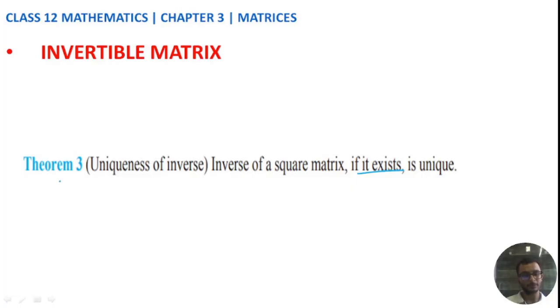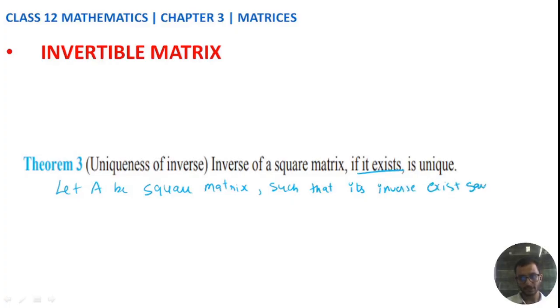So first of all, let A be a square matrix whose inverse we want to exist. Suppose let A be a square matrix such that its inverse exists. We have to show it is unique.